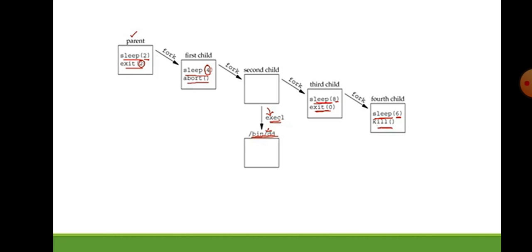Now, by considering this particular programming example, we shall see how the accounting records are written and in what order. Assume that we are in normal user mode, that is, not the super user. I am executing this program and I am not the super user.